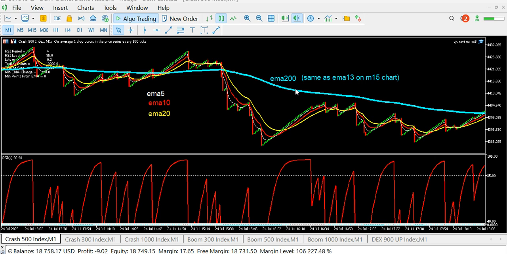So if you want V2 to only trade below the EMA 200 here, you must in the robot set the period of the direction of trend in the number. Instead of 300, you use number 13. You will find if you do that, that the V2 will not sell unless the price is below the EMA 200 here. And that's basically what we do.